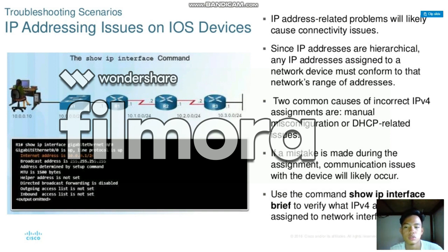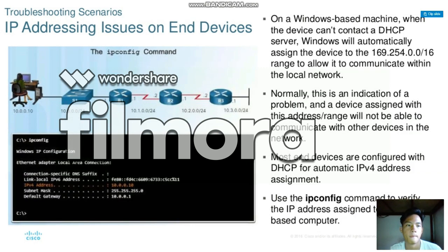IP addressing issues on IOS devices. IP address related problems will likely cause connectivity issues. Since IP addresses are hierarchical, any IP address assigned to a network device must conform to that network's range of addresses.